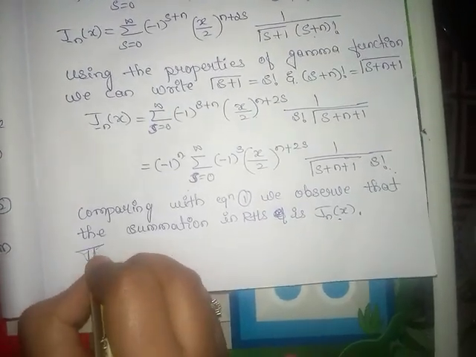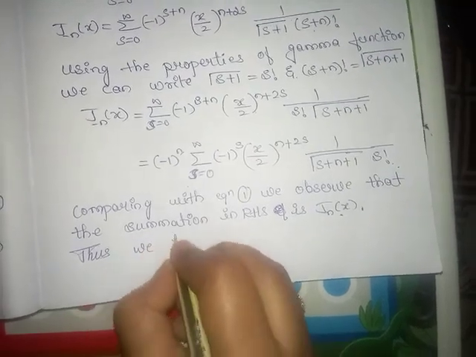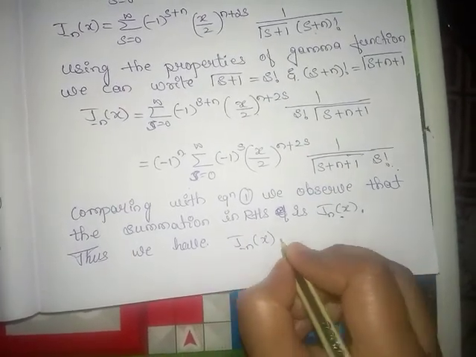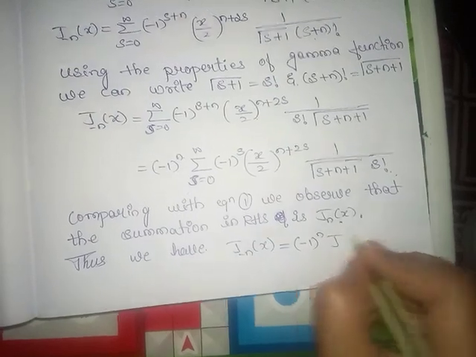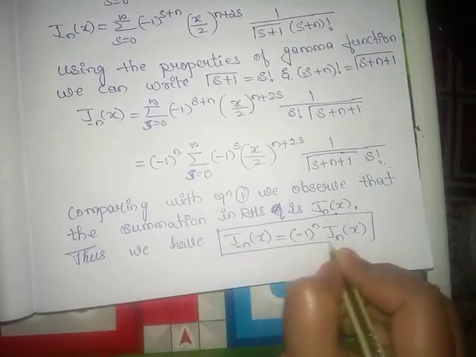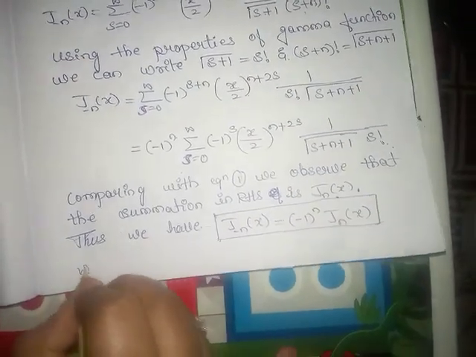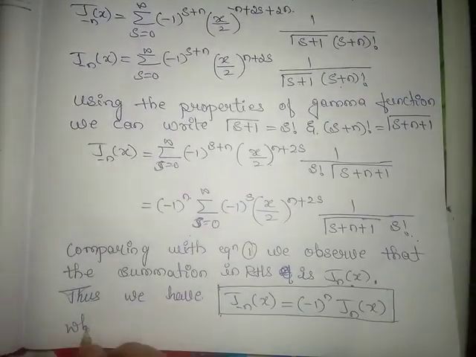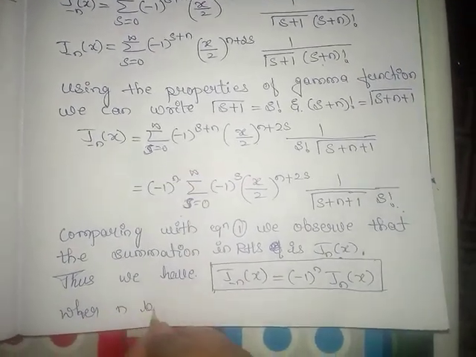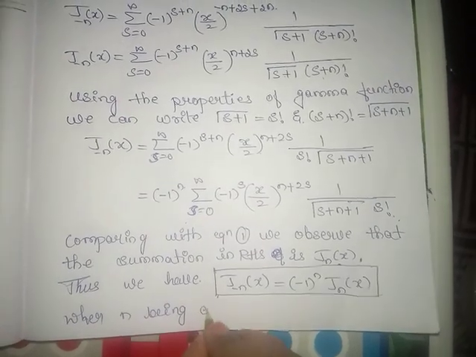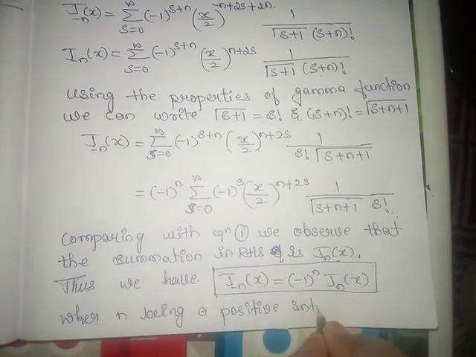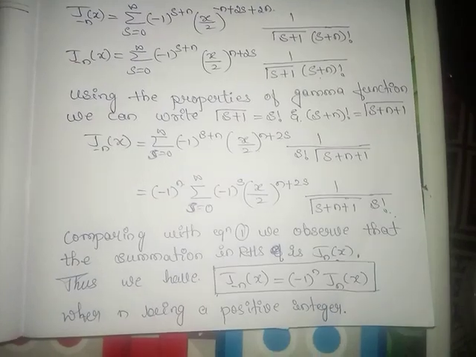Thus, we have J minus n of x is equal to minus 1 raised to n Jn of x, where n is a positive integer.